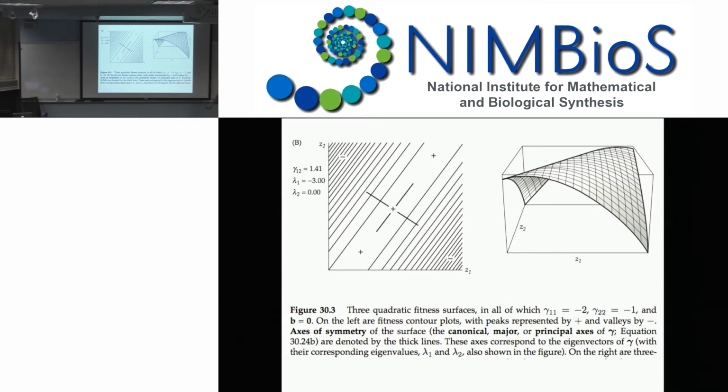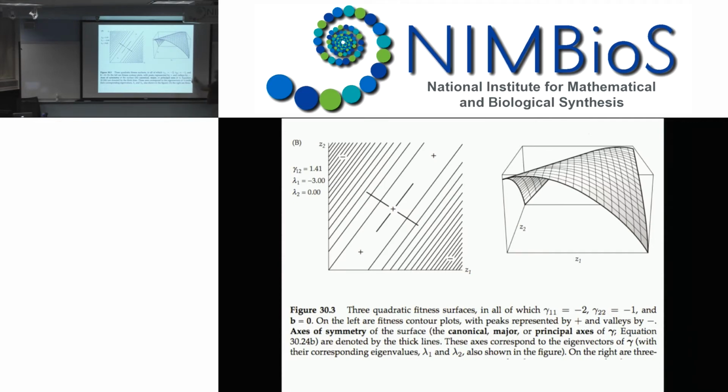This is how selection views those traits. You may think your traits are natural traits, but evolution thinks differently. So the gamma matrix is nice because those canonical axes basically give you ways to think about how selection, how evolution views those traits. And in that sense, they're incredibly meaningful.